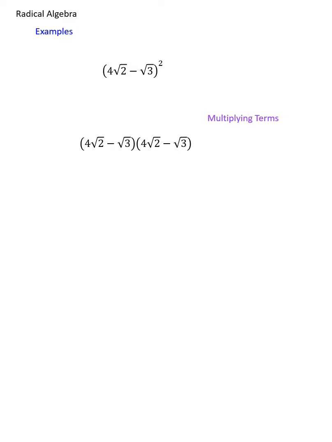And we use the same FOIL process, multiplying pairs of terms, just like we did on the last problem. Now, I won't show as many details here, but these are the four terms you get. Pause if you need to convince yourself of each of these. And once we've multiplied the terms out, we can reduce those that are reducible.